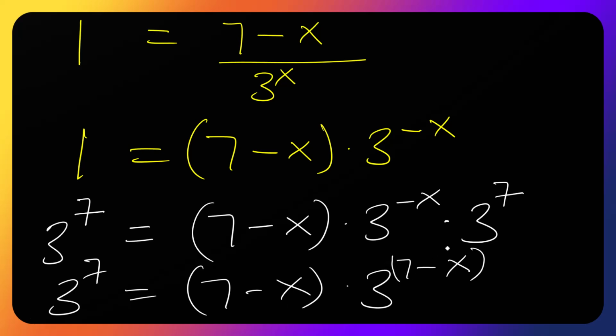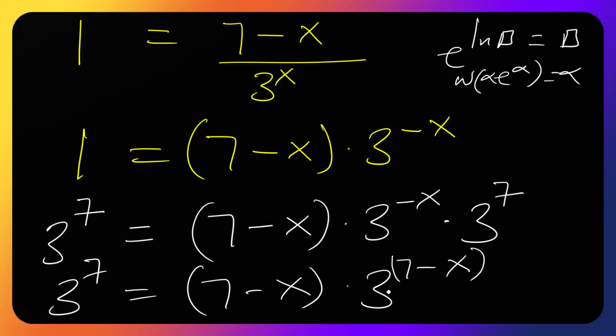Remember what I said, e raised to ln of box, the answer is box. And when you have alpha times e raised to alpha, when we take the W function, the answer will be alpha. So we have to introduce the two properties here. Let's start with the e. I would like to write this 3 here.